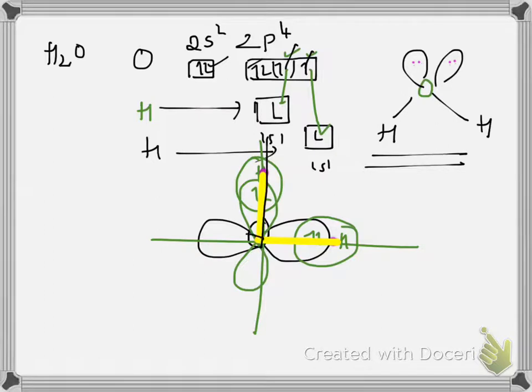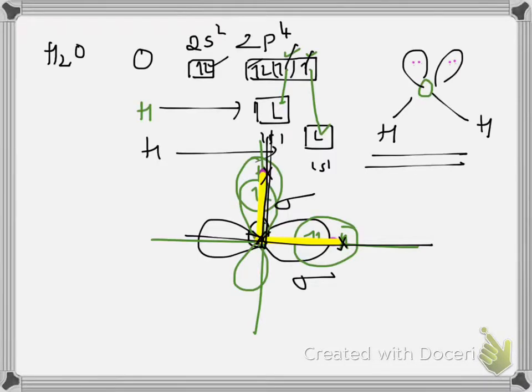Here you have one nucleus, another here, so it is internuclear. That is also internuclear axis. So orbitals are overlapping along the internuclear axis and both bonds are sigma. So ammonia contains 3 sigma bonds, no pi bonds. Water also contains 2 sigma bonds, no pi bonds.